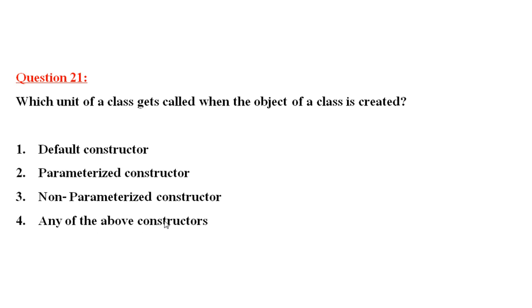Here it can be any of the above constructors. You can create number of objects. You can create object with default constructor, you can create object with parameterized constructor. So the right option would be any of the above constructors.